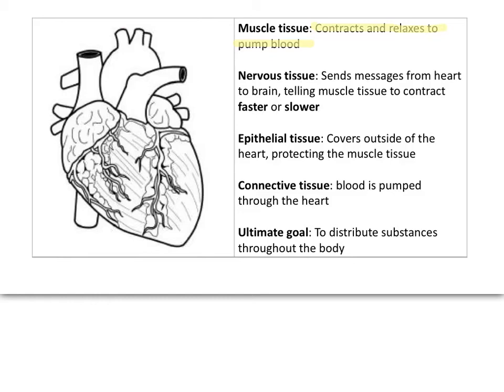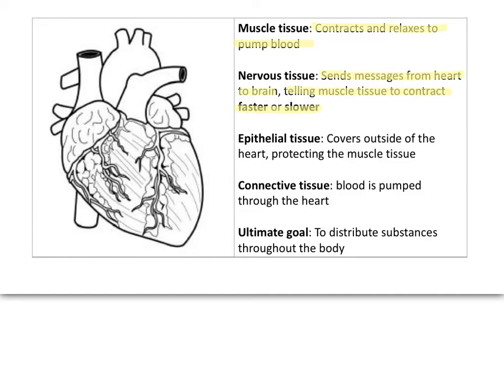So the job of the nervous tissue is to send messages from the heart to the brain, telling the muscle tissue to contract faster or slower. So the only way the heart's going to know if it's going to go fast or slow is if the brain is going to tell the heart to go fast or slow. And it's only going to do that through, you guessed it, the nervous tissue, because they're like our telecommunication system.